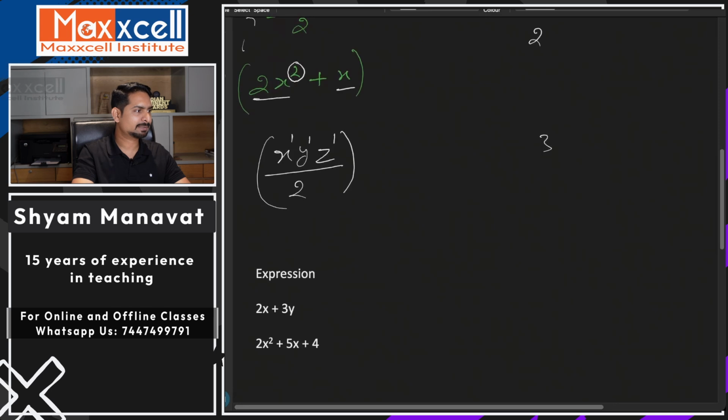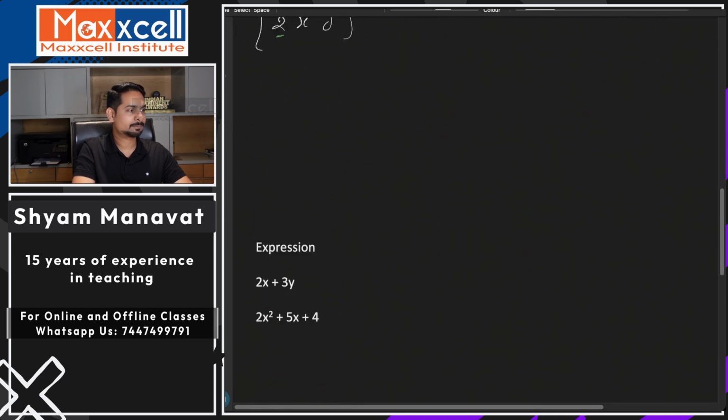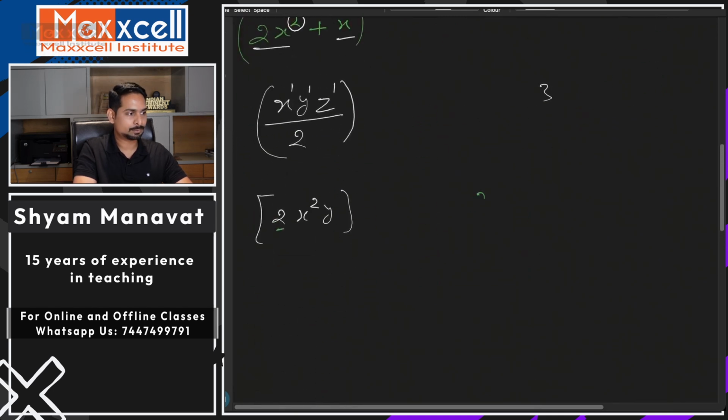Let me give you one more example. I'll give you plenty of examples, don't worry. I will keep on giving examples until you understand. So if I have, let's say, 2x square y, that is one term, right? Now what will be the order of this term? Can we say the coefficient also? Yes. What is the coefficient here? A number which is in multiplication of variable. The coefficient here is 2.